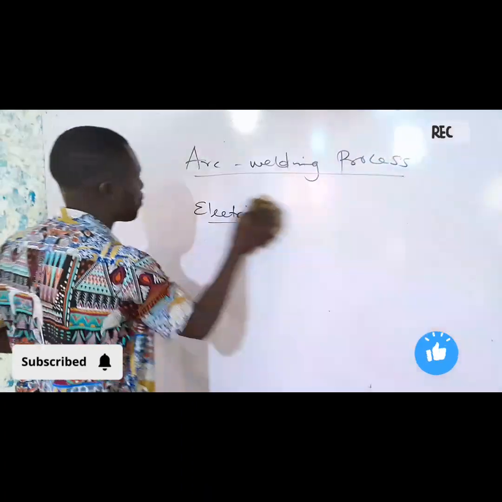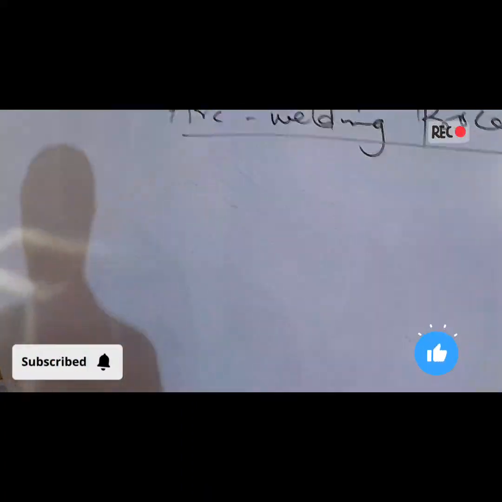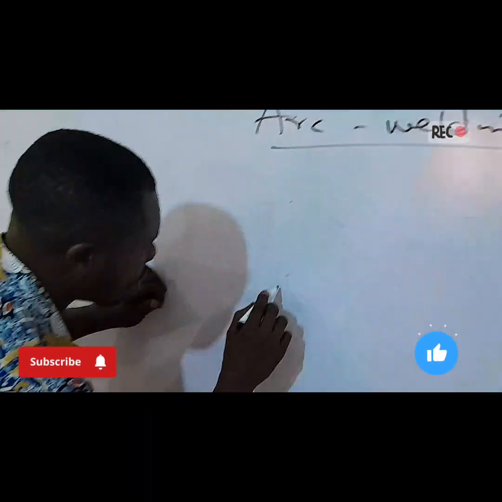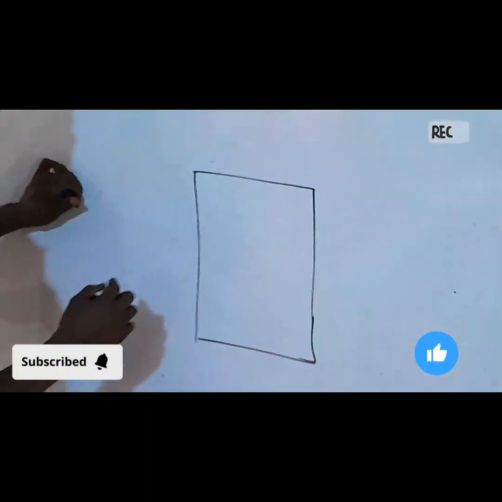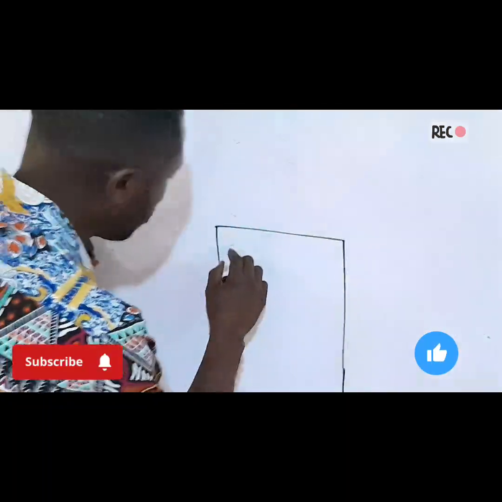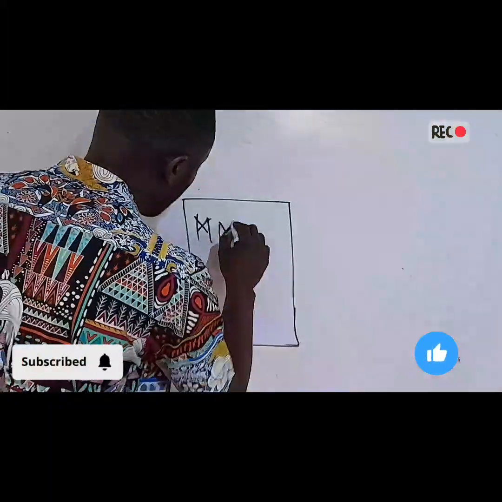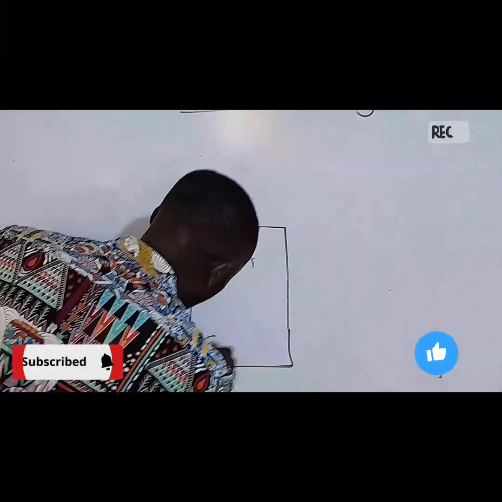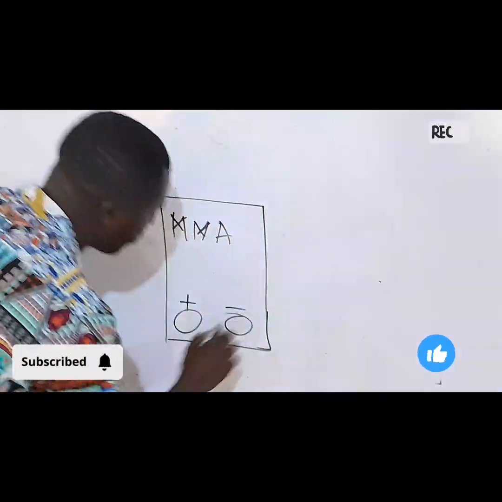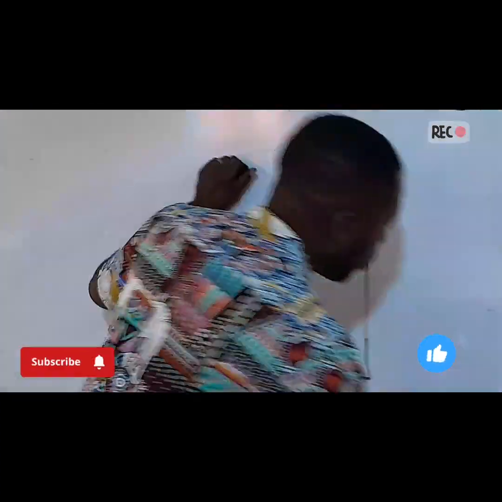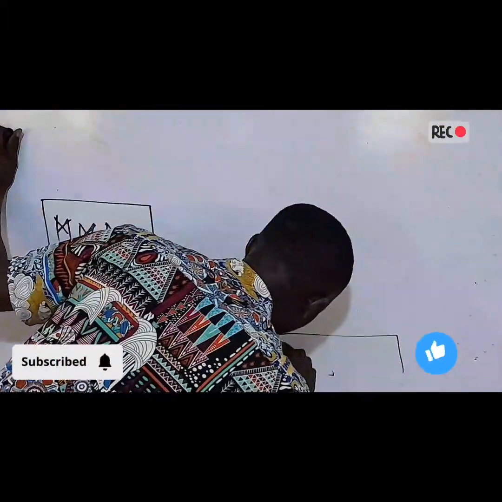We have in this diagram the arc welding machine. This is the arc welding machine, which has two polarities, the positive and the negative polarity. We now have our workpiece.